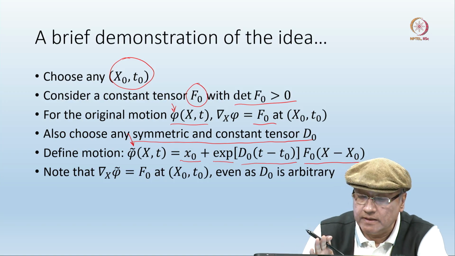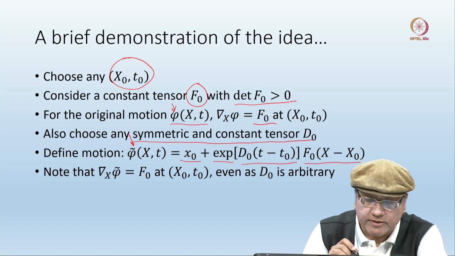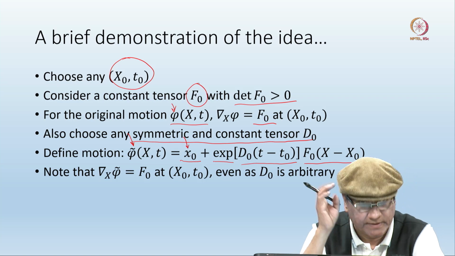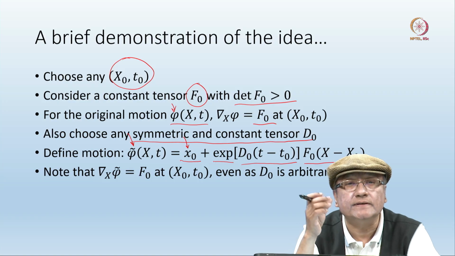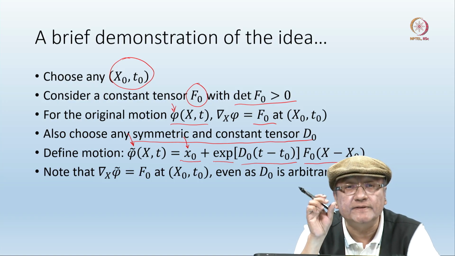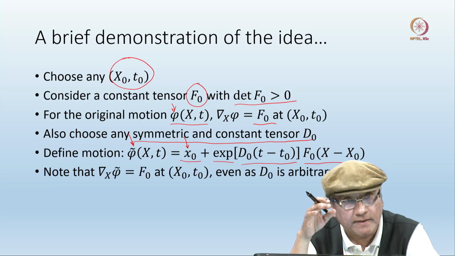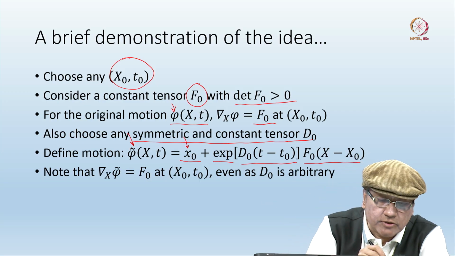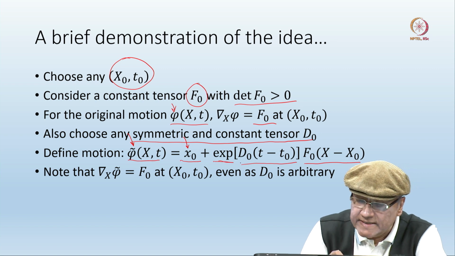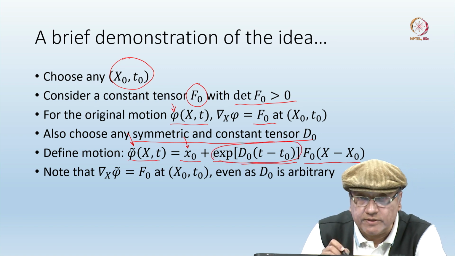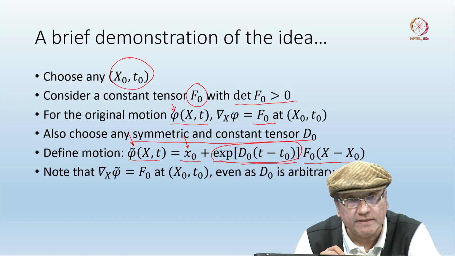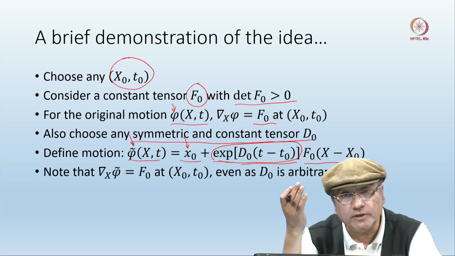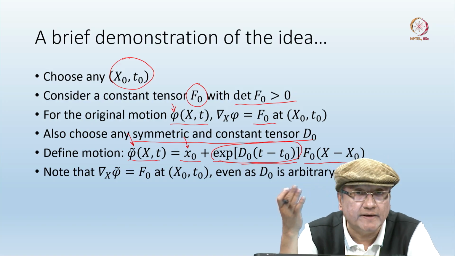You must understand the overall structure here. So this is a vector. Vector means it consists of 3 components in that sense. It is not a vector in the sense of an infinitesimal object that needs to be integrated, living on the tangent space, not that way. So this is also a vector. This quantity is the exponentiation of a 3 by 3 matrix d0 times (t minus t0), and the exponential of a 3 by 3 matrix is also a 3 by 3 matrix.